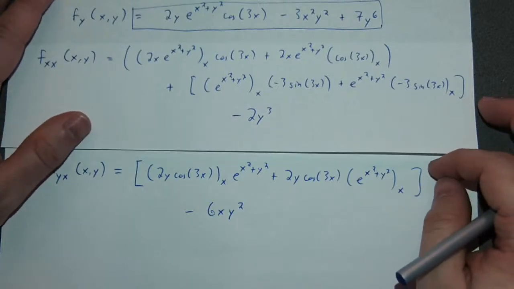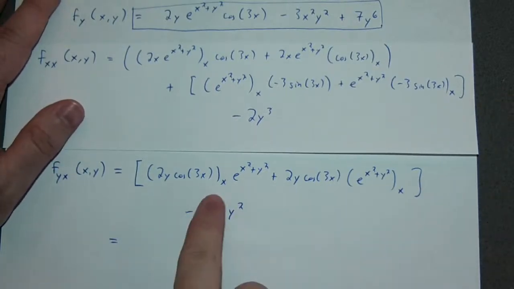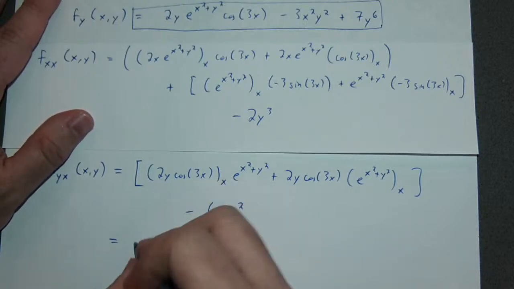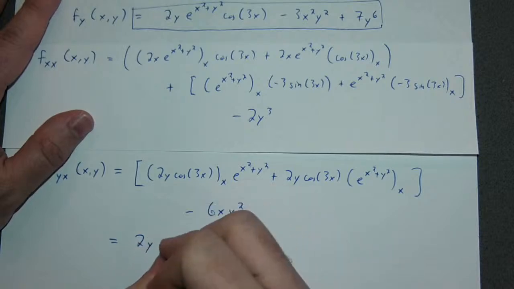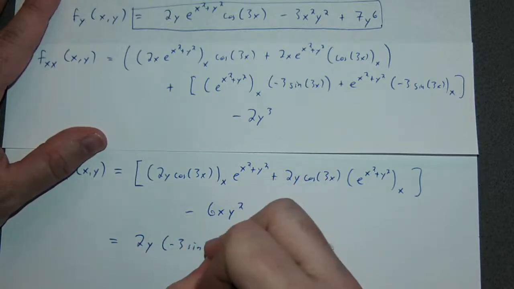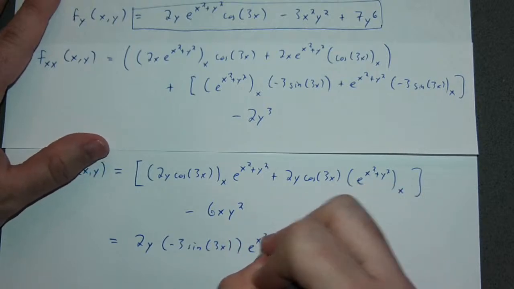And so what do I get here? The x partial of this is going to be 2y times minus 3 sine of 3x times e to the x squared plus y squared.